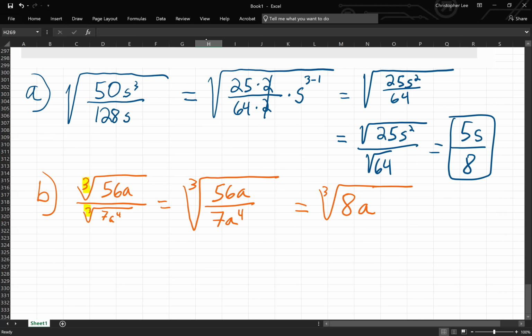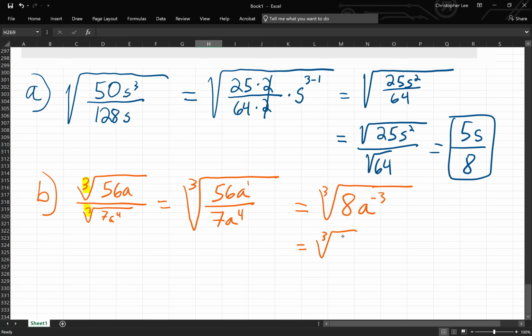What is it? Not 4. Remember, top minus bottom, right? This is a 1. So 1 minus 4 is -3.